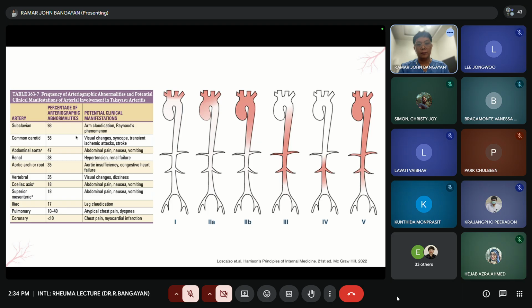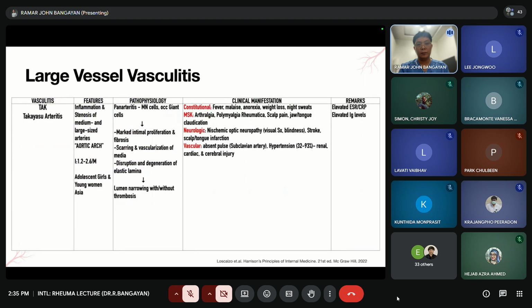And then if the left subclavian artery is affected, you would get a higher blood pressure on that ipsilateral area and a relatively lower blood pressure on the contralateral side. Is that clear? I hope I'm getting the message across because it's very important. This is most common. Most likely you will see patients with Takayasu arteritis.